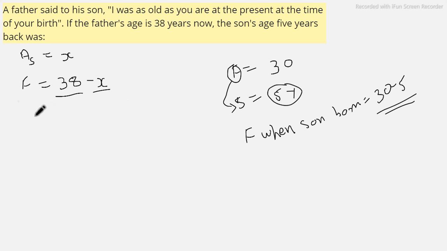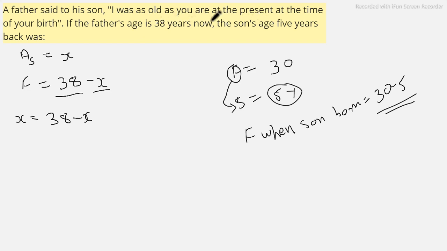So according to the equation, we can say x equal to 38 minus x, because he is saying I was as old as you are at present.